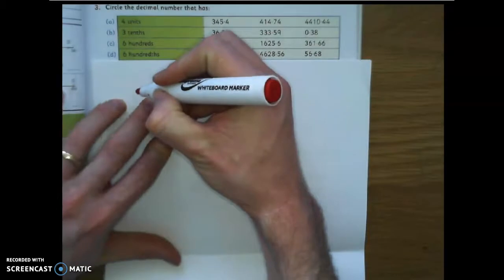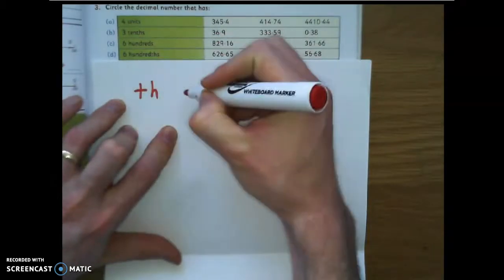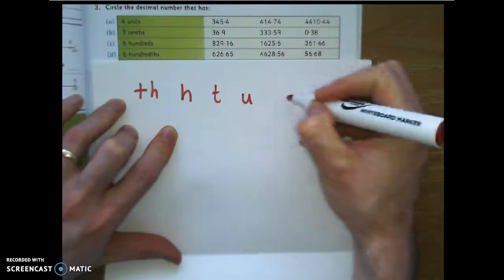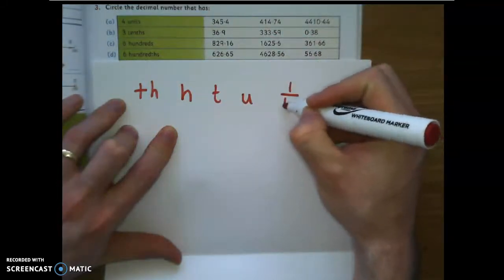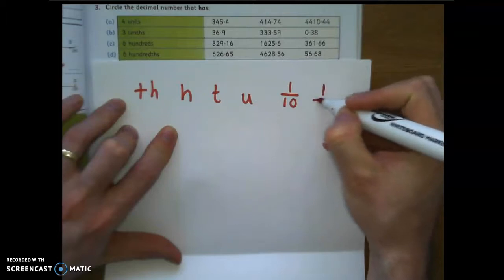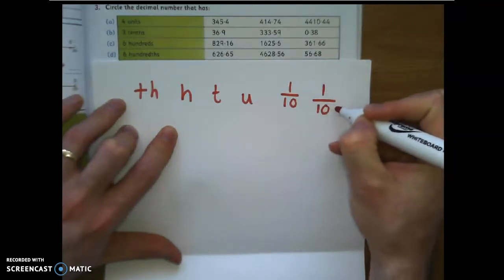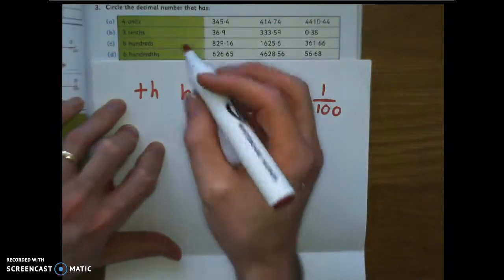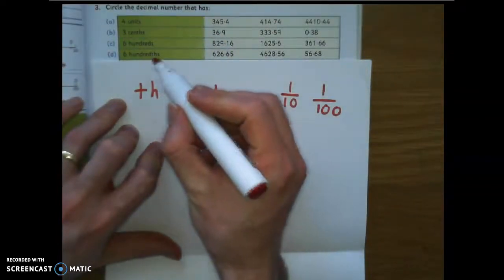Okay, so we've got thousands, hundreds, tens, units, tenths, and hundredths. Okay, so there's the difference. The hundredths are these guys. Okay, so circle the decimal number that has 6 hundredths.